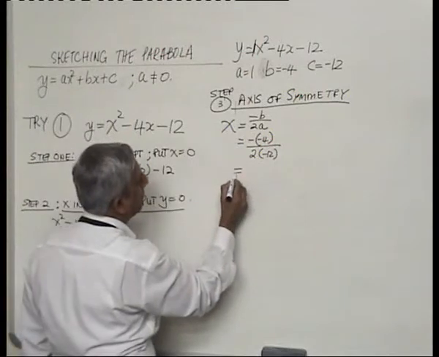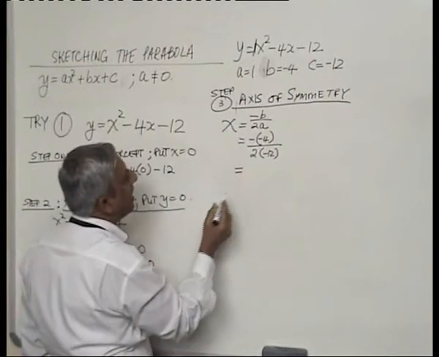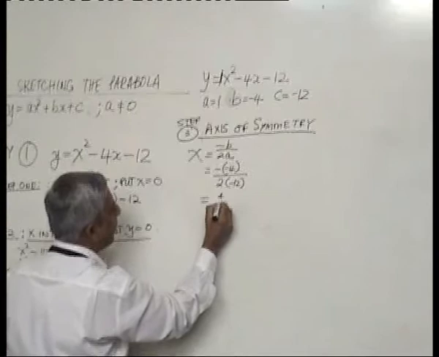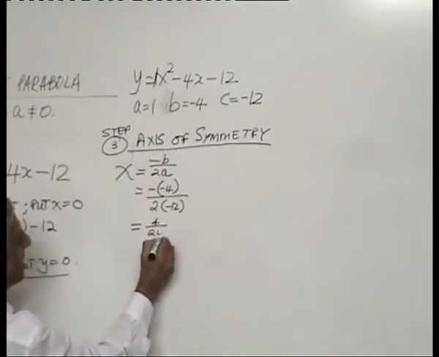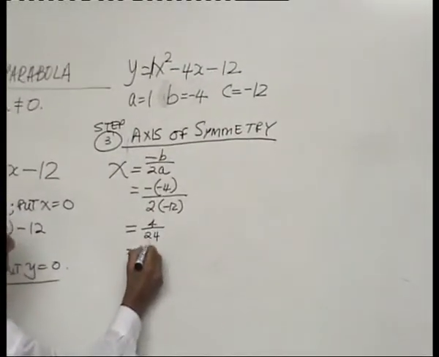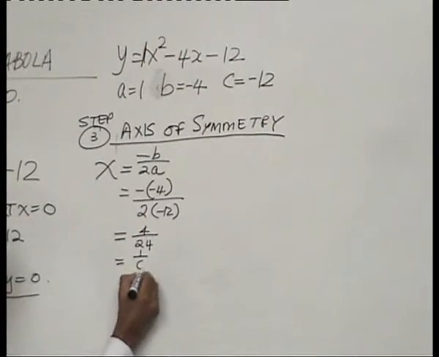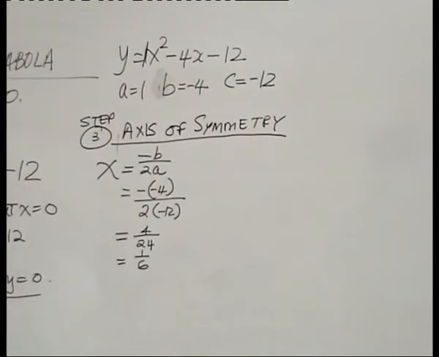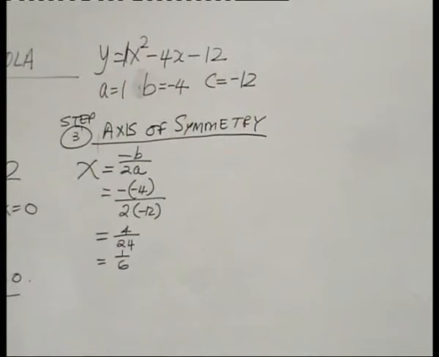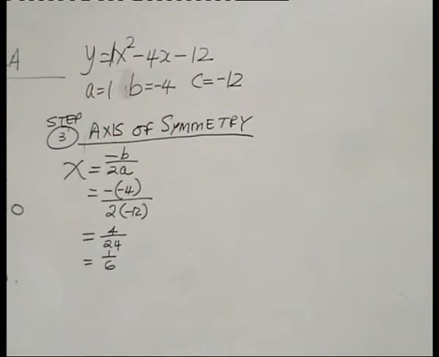Alright, so we have a little bit of an untidy number here, but it doesn't matter. That's 4 over 24, which is equal to 1 over 6. Let's just check this up again. Minus b over 2a, so it's minus into minus 4 all over.